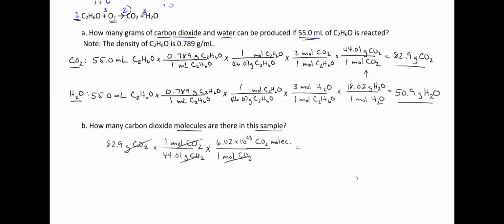I'll hit my exponential notation button, and then 23. And this gives me 1.13, and then look at the end, times 10 to the 24. And that would be molecules.